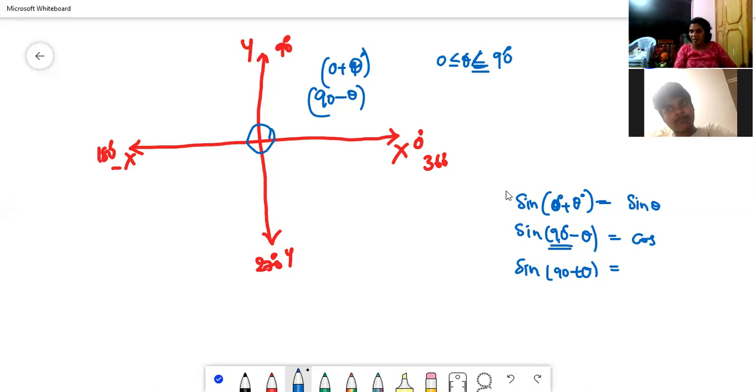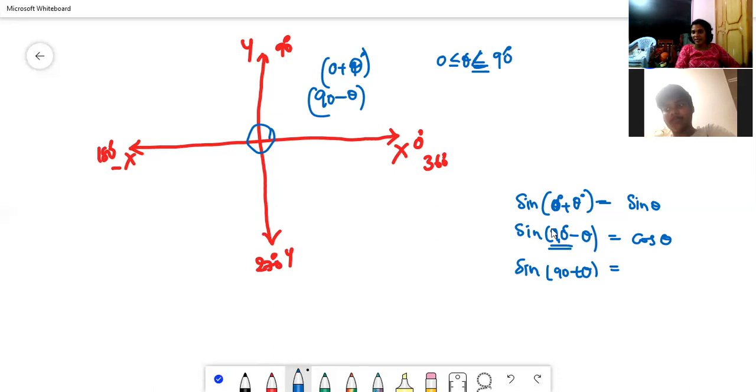Why? Because sine is the y-axis, which reaches the x-axis, and again the x-axis reaches the y-axis in the circular motion. So here sine of 90 minus theta becomes cos theta. Why?